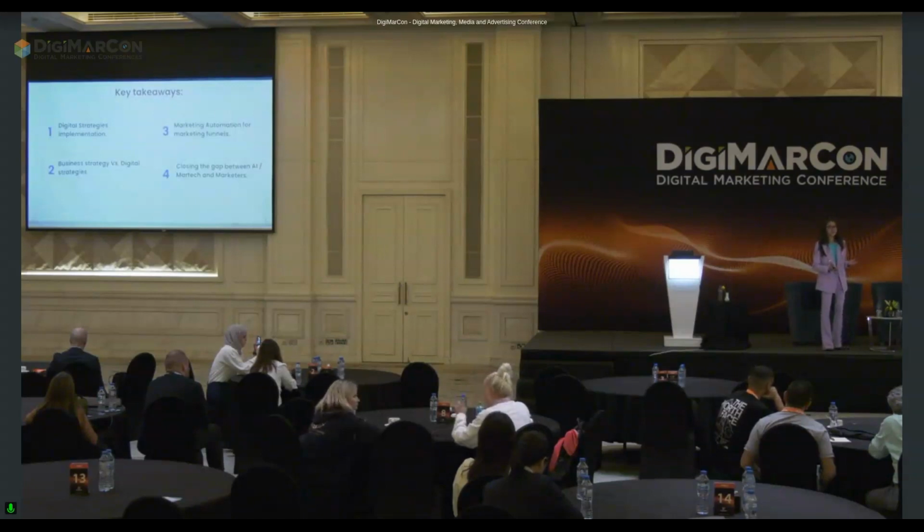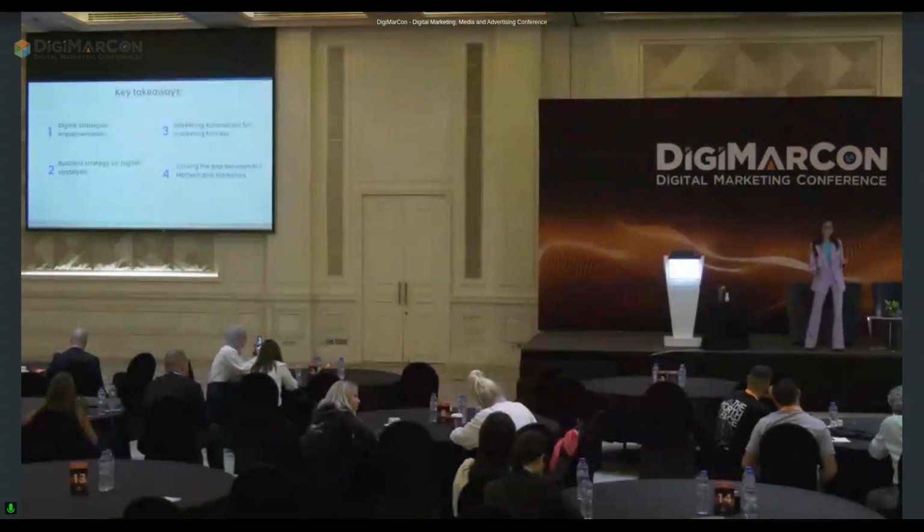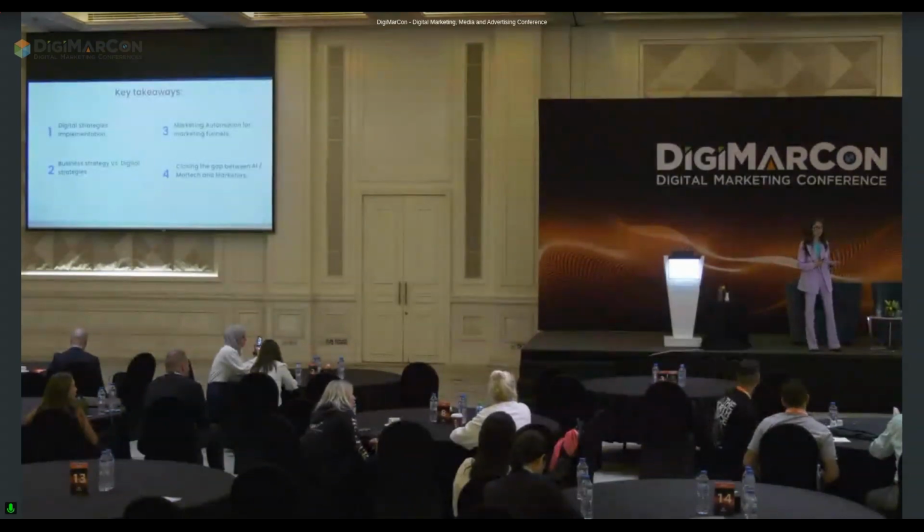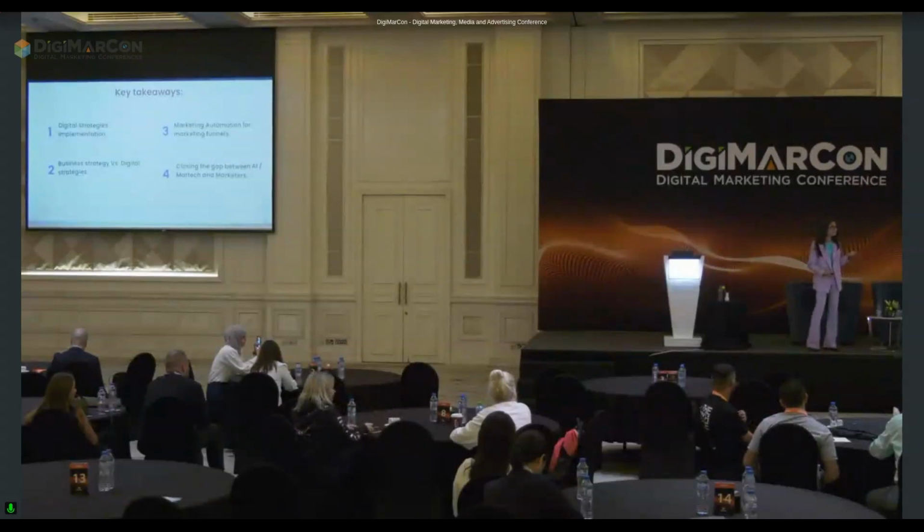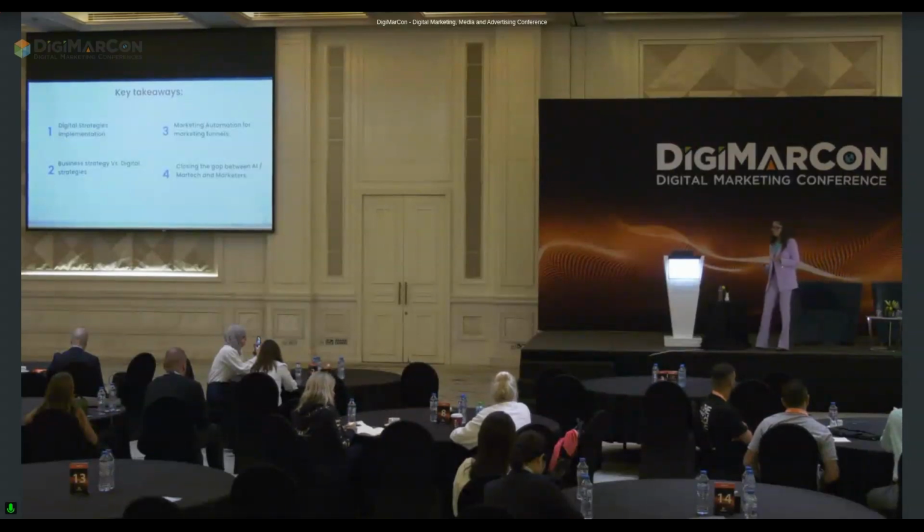I'm going to give you multiple examples from our own experience at FOLLOW Technologies. We work with enterprises across industries such as hospitality, automotive, healthcare, real estate, fintech, you name it. And I'm going to give you real examples of the companies we work with. And we're also going to talk about closing the gap between the technology, being marketing automation, AI, and actually how to implement the strategy.